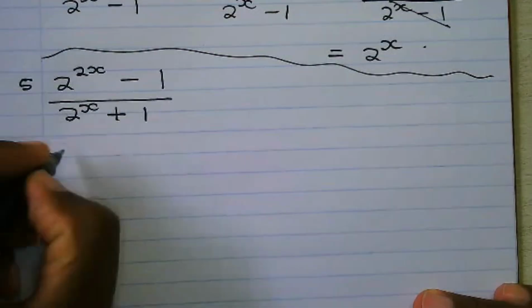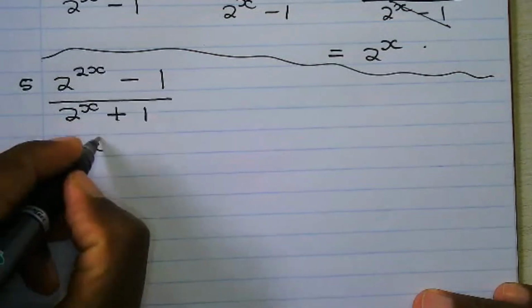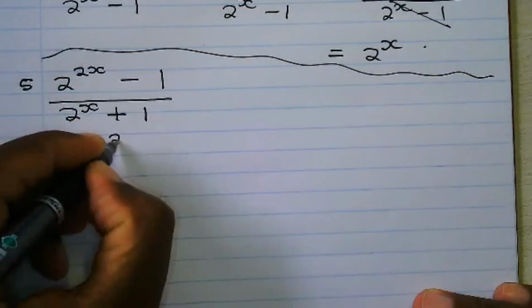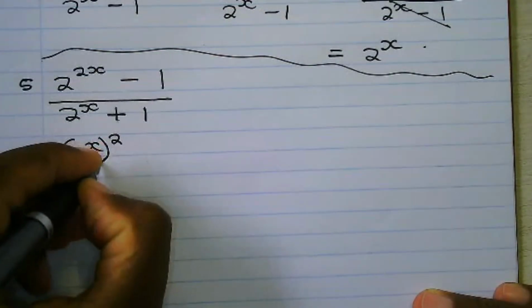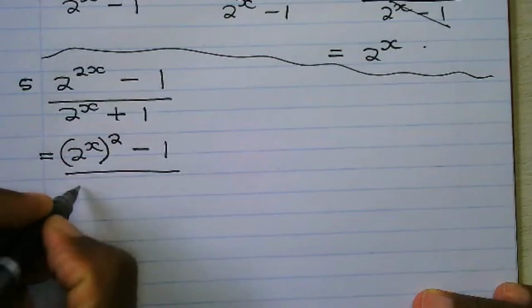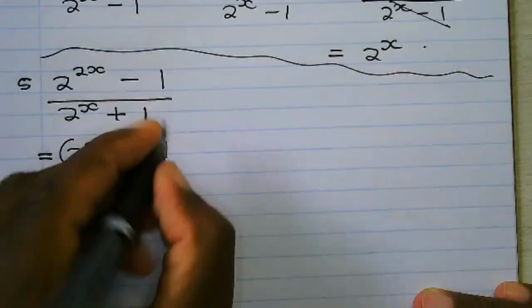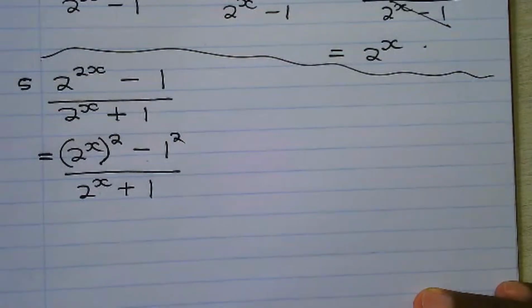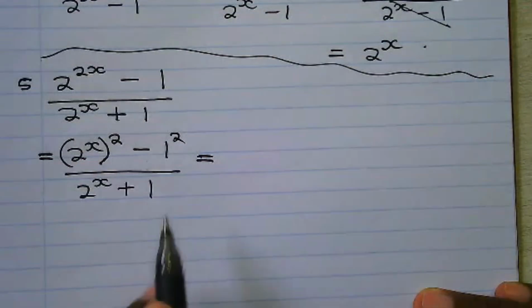We can rewrite this to be 2 raised to x, just like here, but this one is raised to 2. And then this is minus 1 over 2 raised to x plus 1. Okay, this also can be raised to 2. Do you notice that we have a difference of 2 squares?